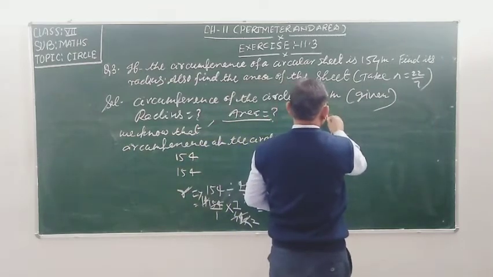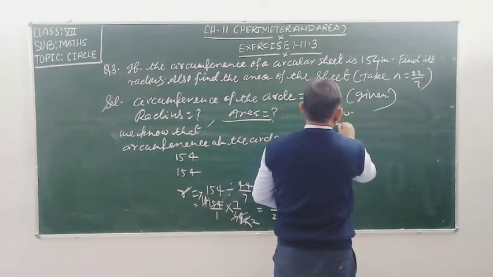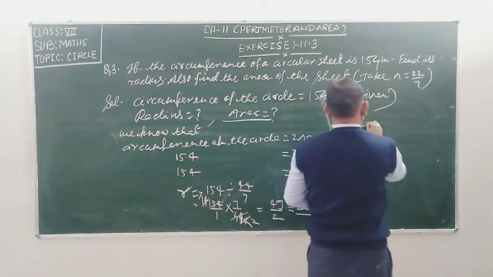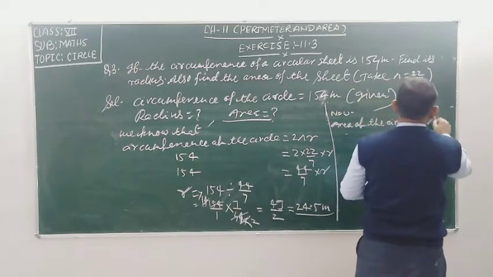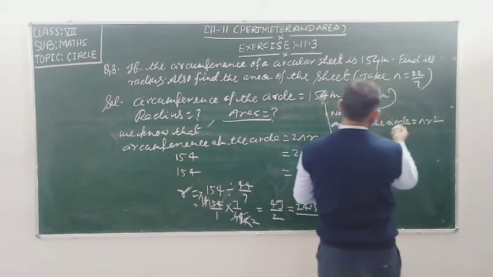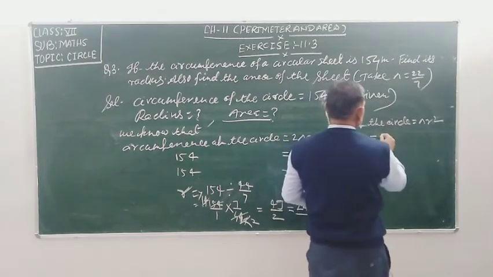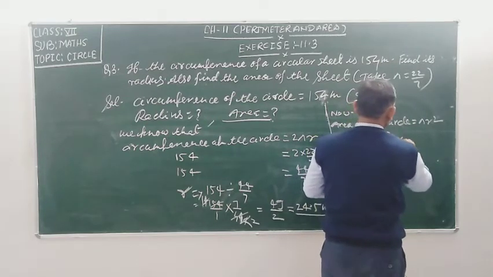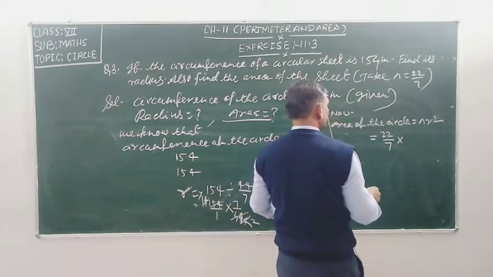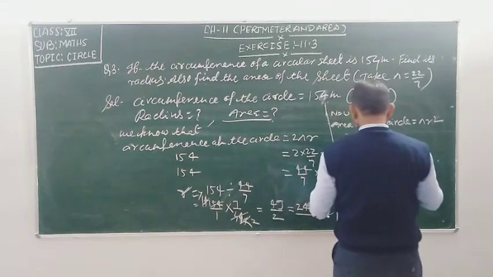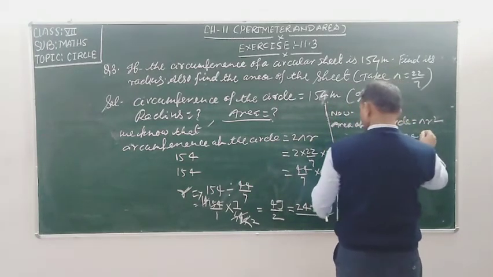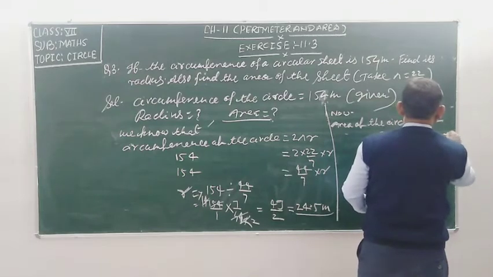Therefore, now area of the circle is equal to pi r square, and the value of pi you can take as 22 upon 7 into r square, 24.5 into 24.5.